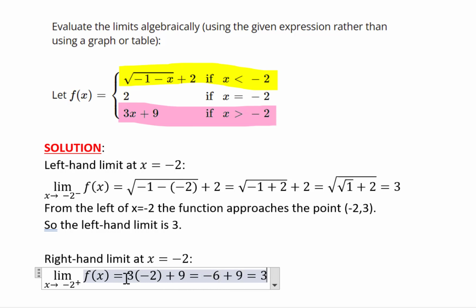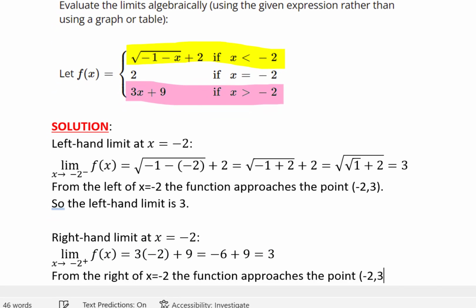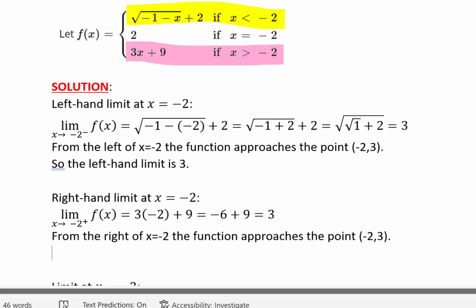And we see that the y value of the linear function is equal to 3 at the point (-2, 3) on that linear function. And so from the right side of x equals -2, the function is approaching the point (-2, 3). So that means the right-hand limit is also 3.